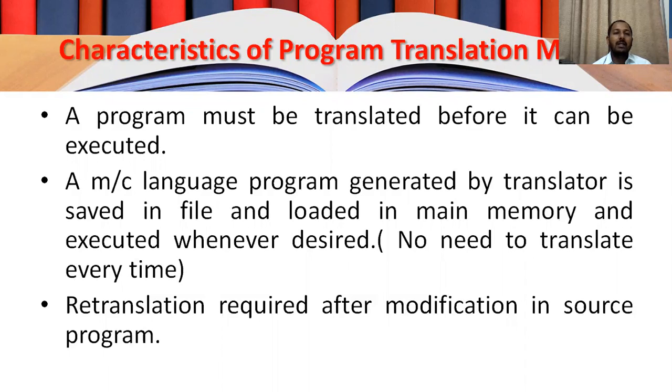Next characteristic: whenever we are typing code, that is a higher level language. But this higher level language is not understood by the machine. For that, translation is required. A machine language program generated by the translator is saved in a file and loaded in main memory and executed whenever desired.